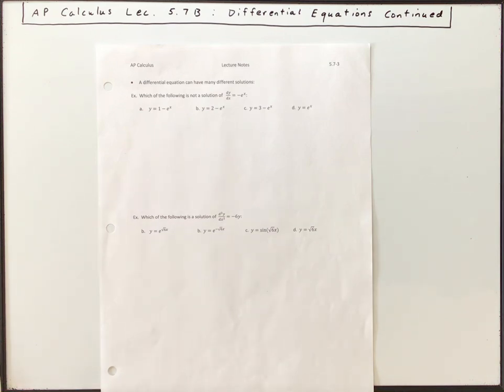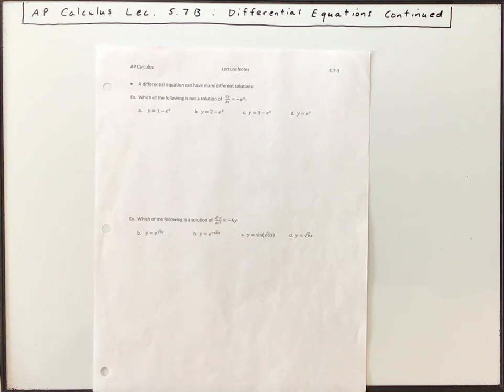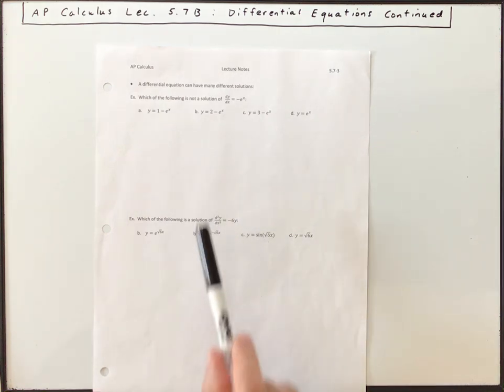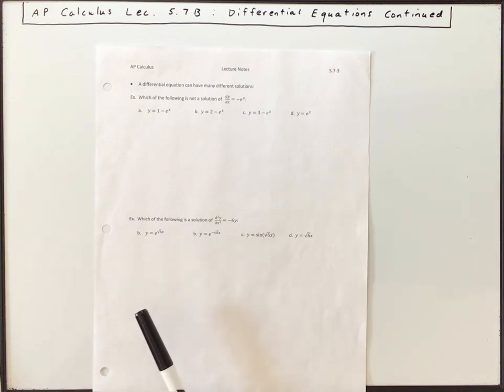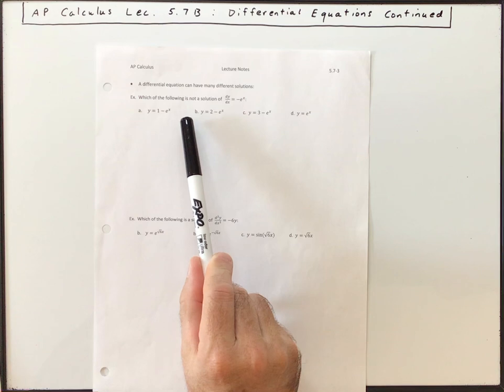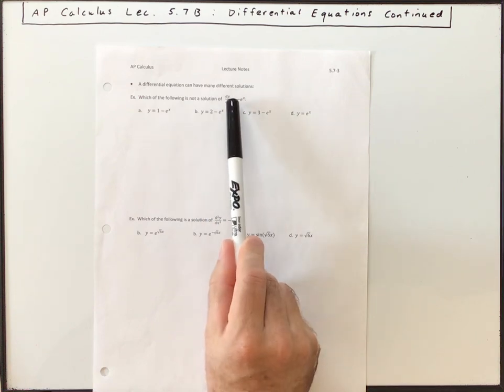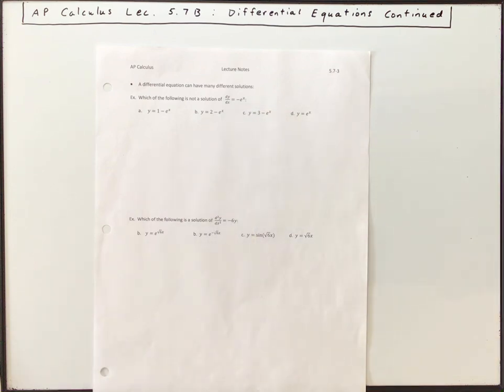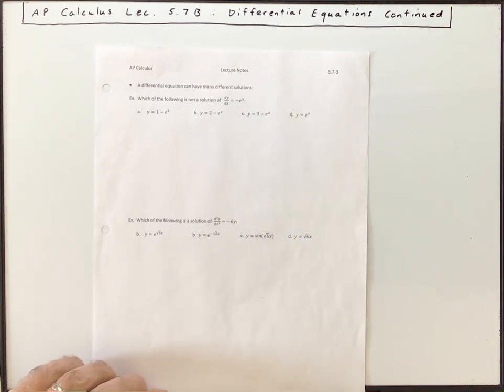And in this lecture, you're going to need to refer to the pre-printed lecture notes, and we're just going to work two example problems. The first says, which of the following is not a solution of dy/dx equals negative e to the x? So which is not a solution?